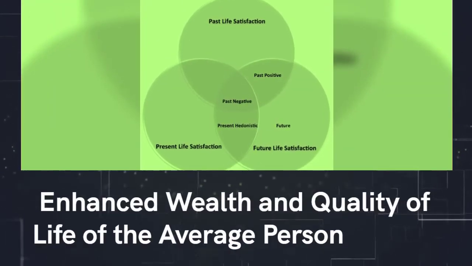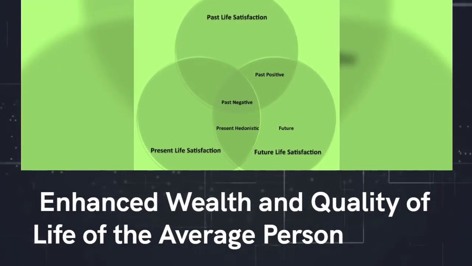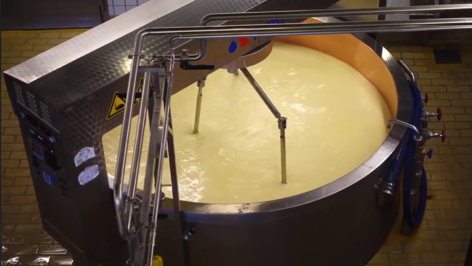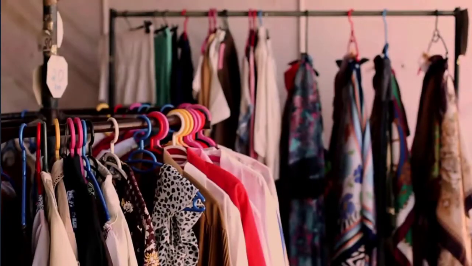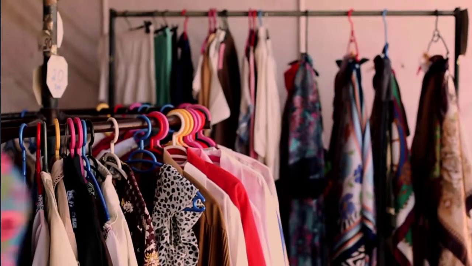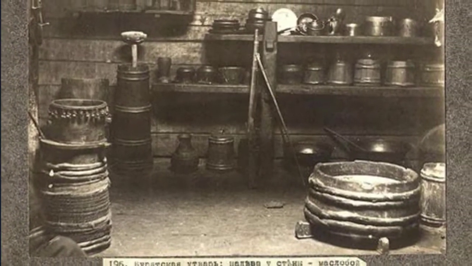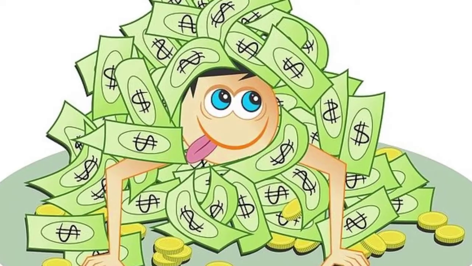Enhanced wealth and quality of life of the average person. Mass production lowered the costs of much needed tools, clothes, and other household items for the common, that is, non-aristocratic, people, which allowed them to save money for other things and build personal wealth.